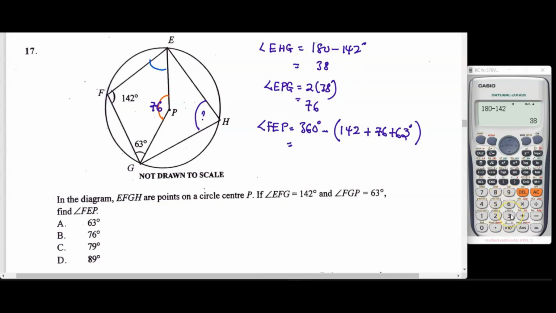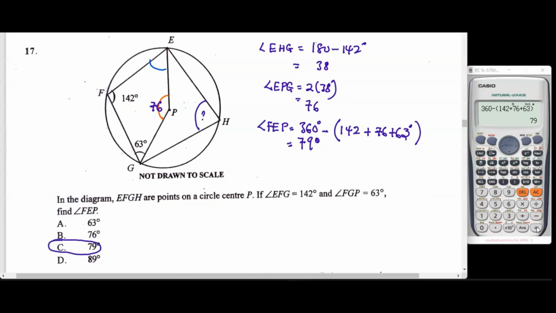So 360 minus open bracket 142 plus 76 plus 63, close bracket, and that will be equal to 79 degrees. So we have here as 79 degrees, and therefore the possible answer is C.